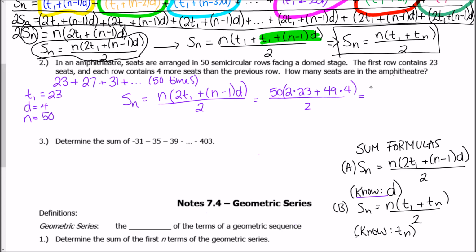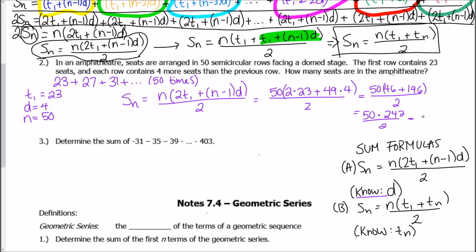So I end up getting 50 times 2 times 23, which is 46. And then 49 times 4 is 196, all over 2. So this ends up being 50 times 242 all over 2.